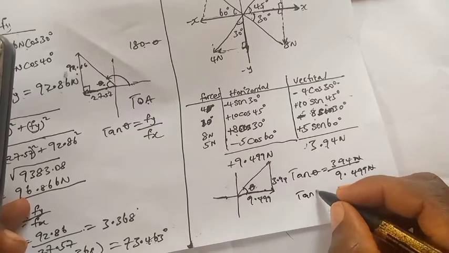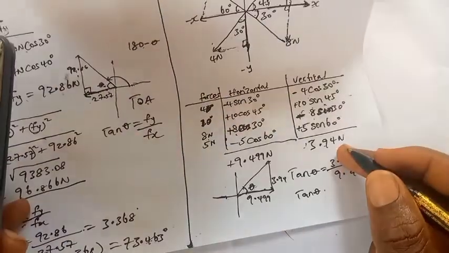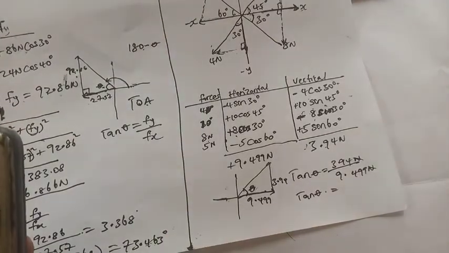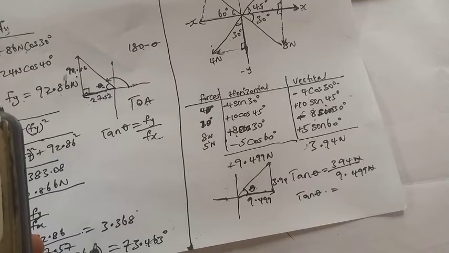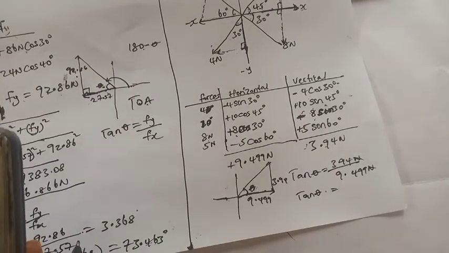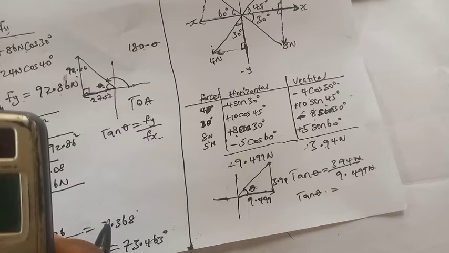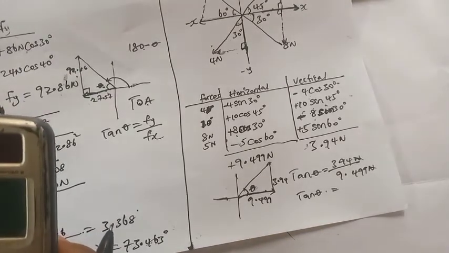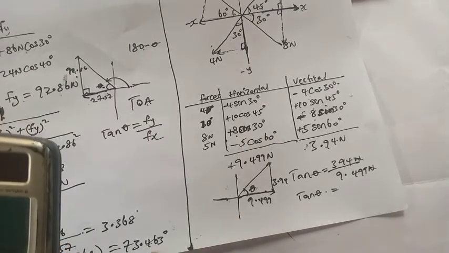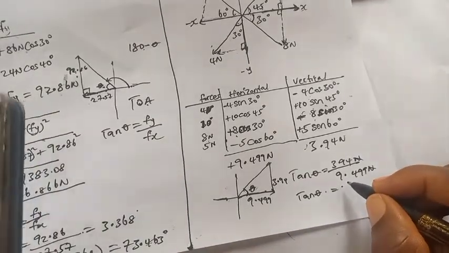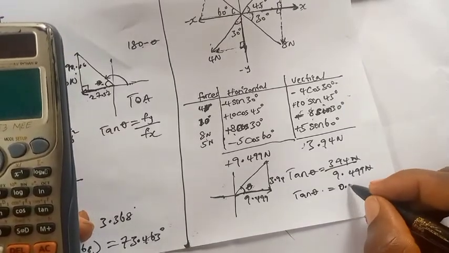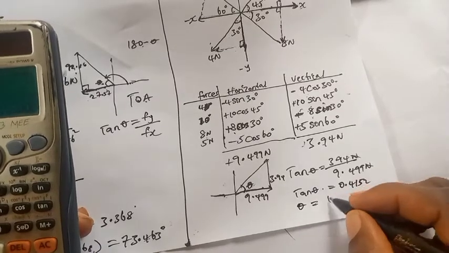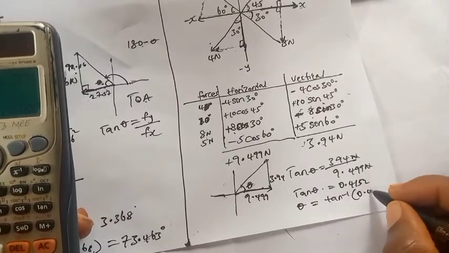So our tan theta is going to be 3.94 divided by 9.499, which is equal to 0.4152. And theta is equal to tan inverse of 0.4152.